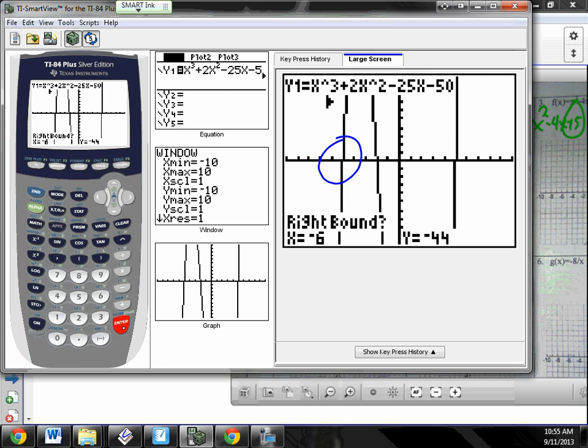When I pick my right bound, I want to make sure that I don't go so far to pass one of the other roots. So if I were to pick, say, -1, that's bad. Because from -6 to -1, there are actually 2 answers. So when I pick my right bound, I want to make sure that it only includes a single root.